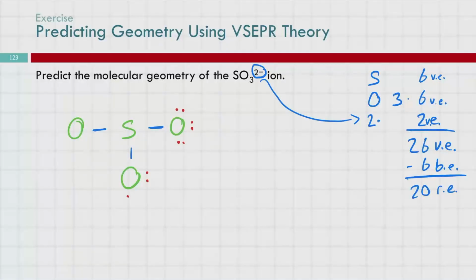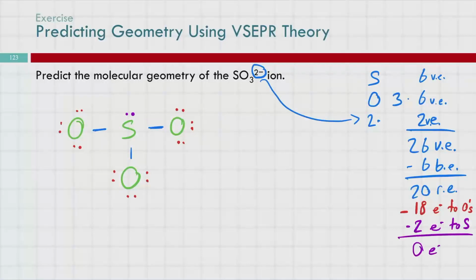That means that we can give them each 6 more electrons. 6 times 3 gives us 18 electrons to our oxygens. That means we've got 2 left, and those 2 left can go on to our sulfur. And now all of our electrons are spent.